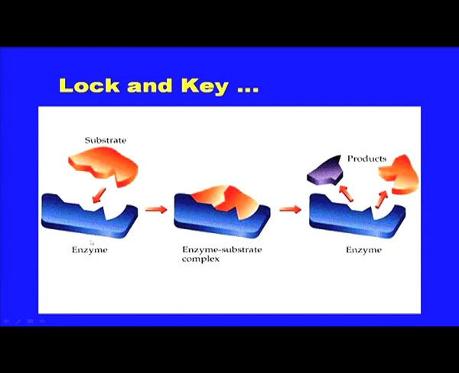So enzyme plus substrate produces the enzyme substrate complex, then the enzyme comes back, and these two are the products. So this represents some kind of lock and key picture. But nowadays this lock and key picture is no longer that popular.